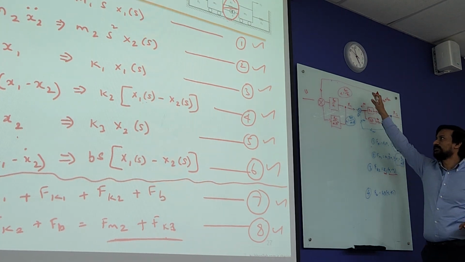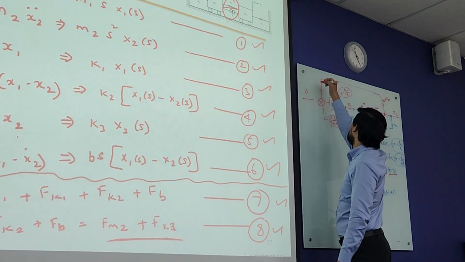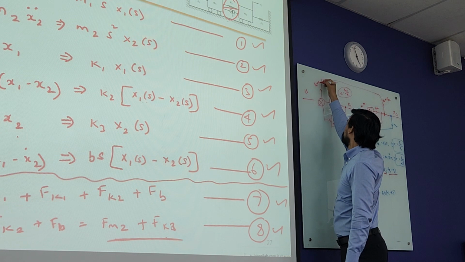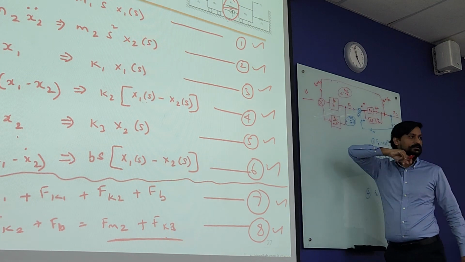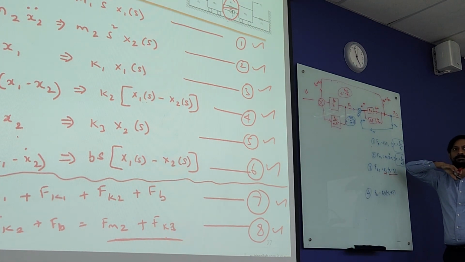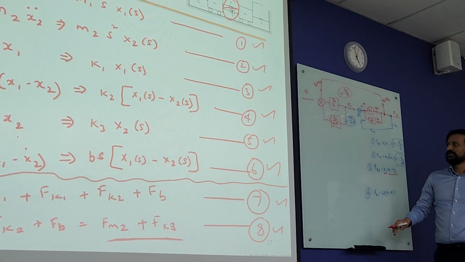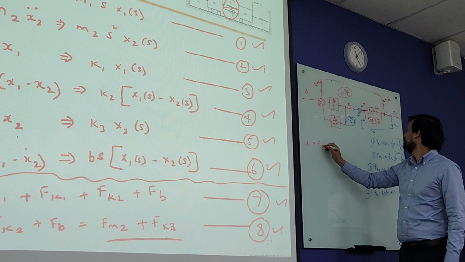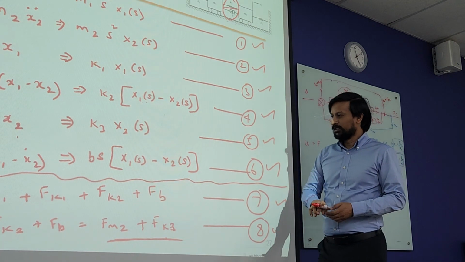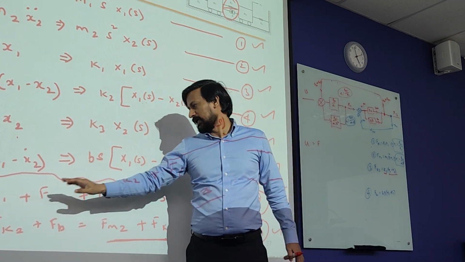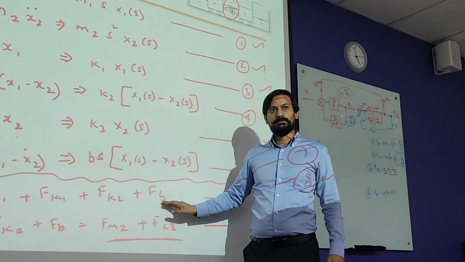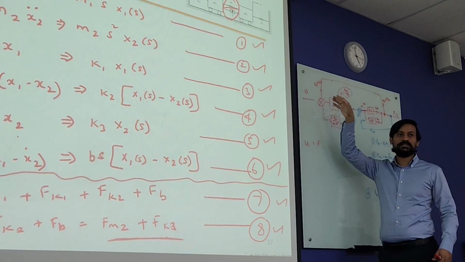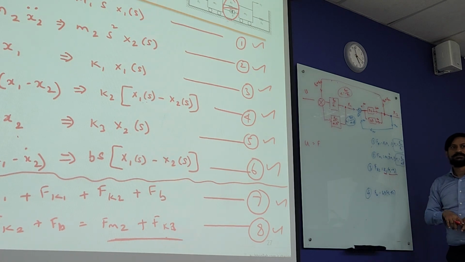This coming all the way here gives you FB plus FK2, as in the seventh equation, because it combines all the forces: M1, K1, K2, FB. All must be put together.